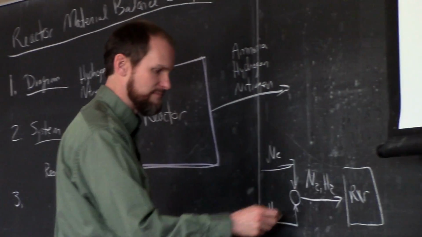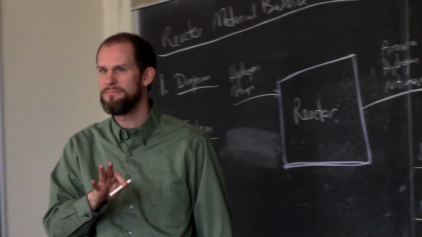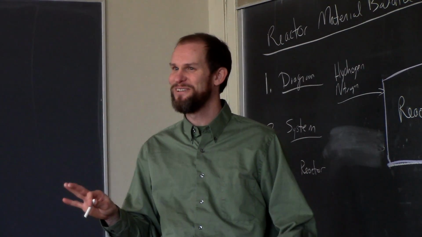The mixer is fairly boring and straightforward because these flow rates are basically the same as what goes in, but we could do this if we wanted to get exhaustive about it. Yeah. So there's a little bit of choice in some of these. There's a lot of choice in how you do the problem solving. Any other questions about the diagram of the system?